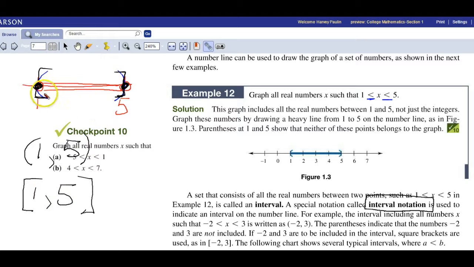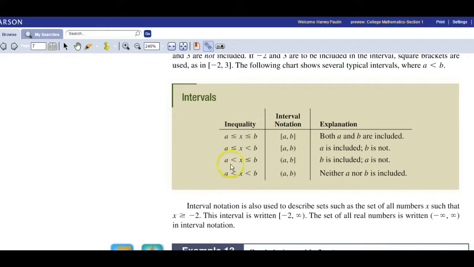Now, if it's a piece of one and a piece of the other, then be careful of these signs, and you'll get your practice as you do your lesson. And here in your textbook, they actually show you the inequality and then how it's written in interval notation.